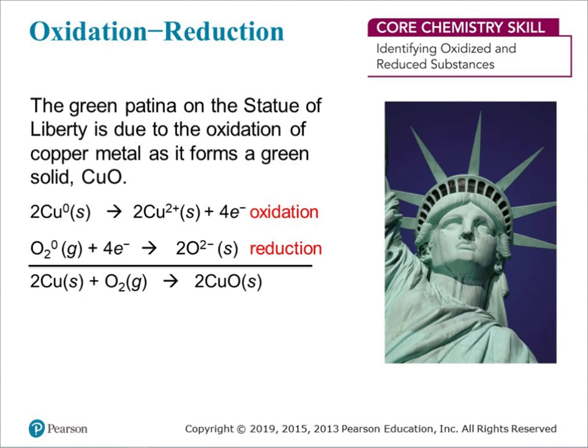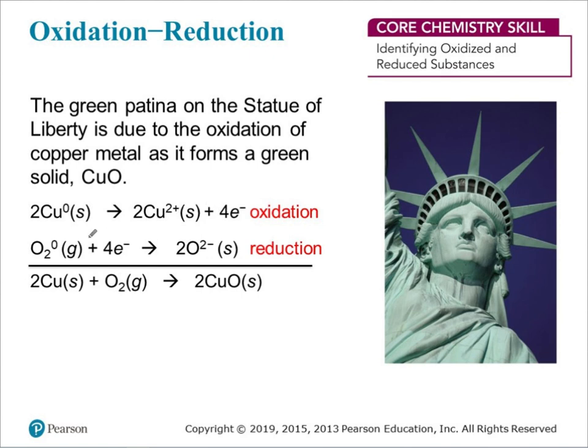An example of a redox reaction is what has happened on the Statue of Liberty. The copper metal, when it oxidizes, forms copper oxide, and it's green. So the Statue of Liberty was not painted green, that's just a chemical reaction.